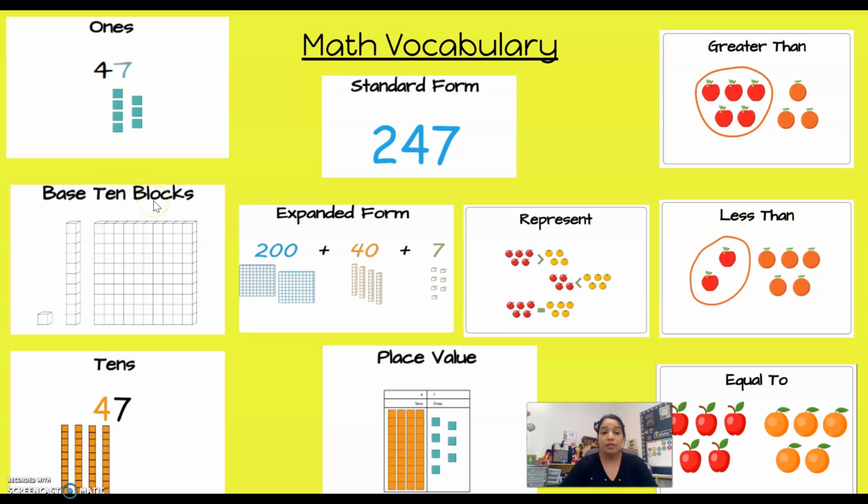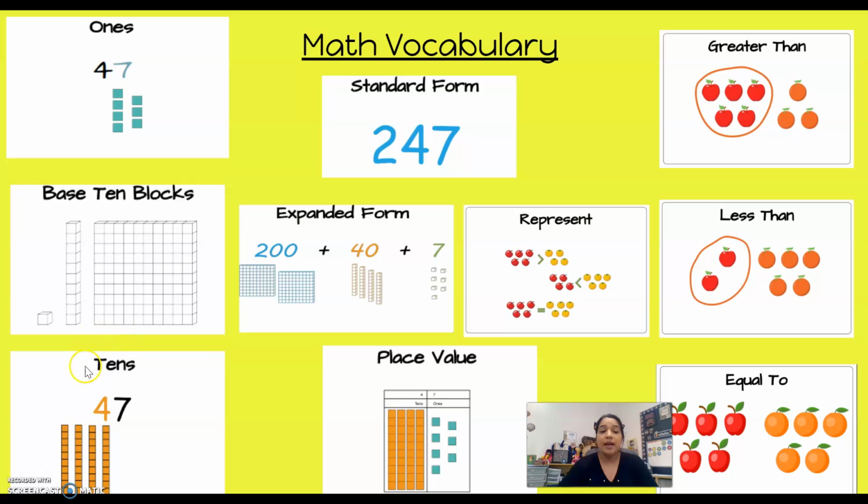Base 10 blocks. So we have 3 different kinds of blocks. We have this little one, which is a 1, this long one, which is the tens, and this square one, which is the hundreds. This helps us compose and decompose different numbers.